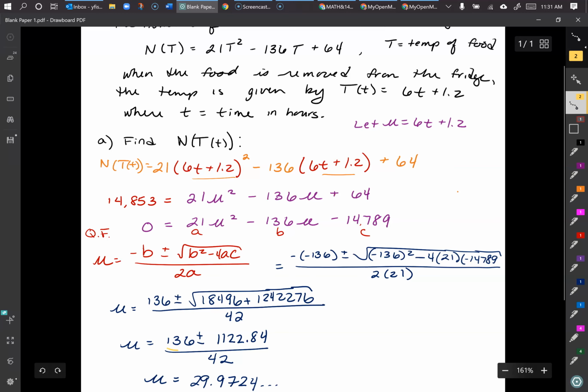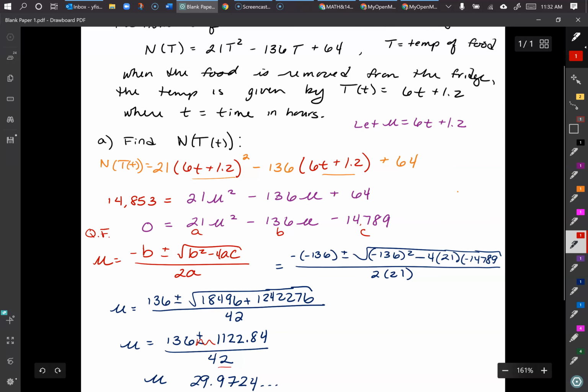Then I add that to the 136. I'm not going to consider the negative right now because this should all be positive time. We're not going to go back in time. So I get u equals 29.9724 once I divide by 42, and it doesn't terminate, so I'll leave it like that for now. It's an approximation, but I'm not done yet.